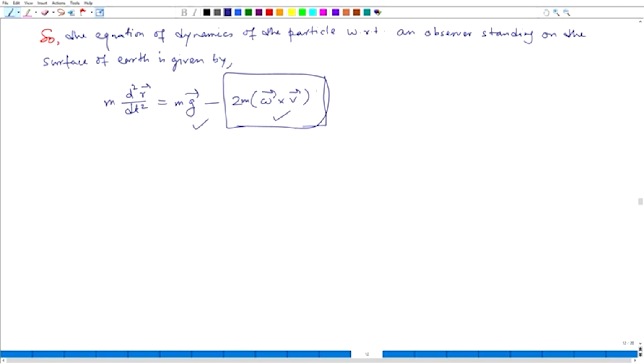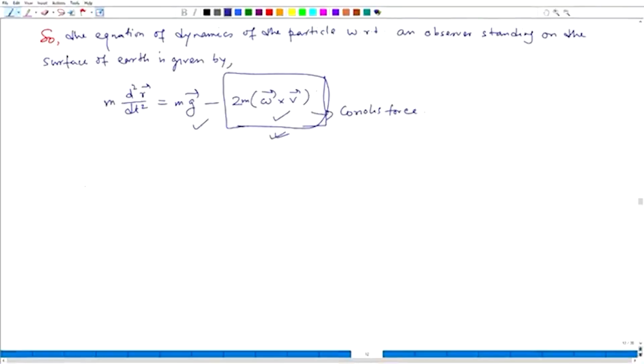So, you see that it is the Coriolis force. That is why the effect of the Coriolis force is the most prominent one when we are studying the motion of a particle very close to the surface of earth.